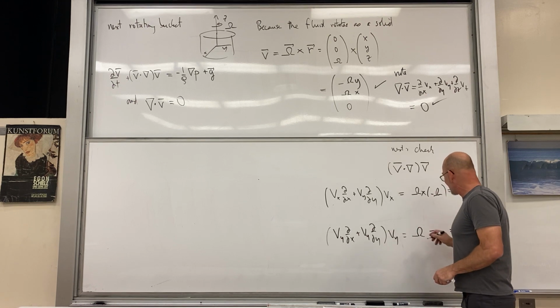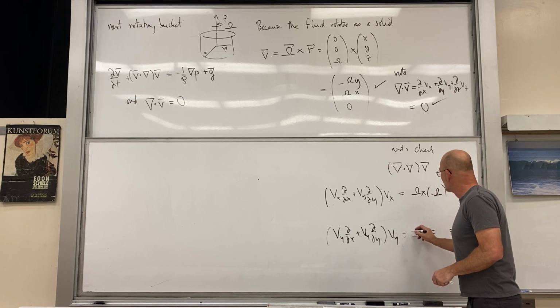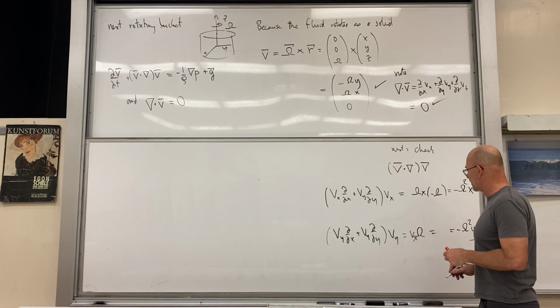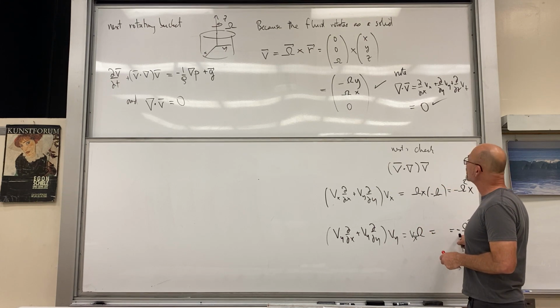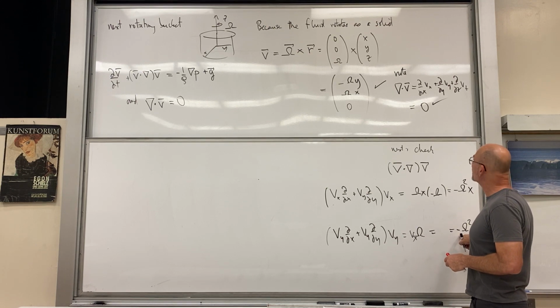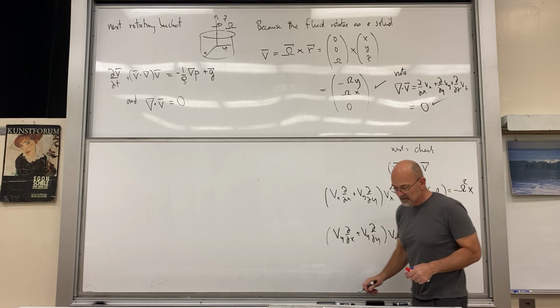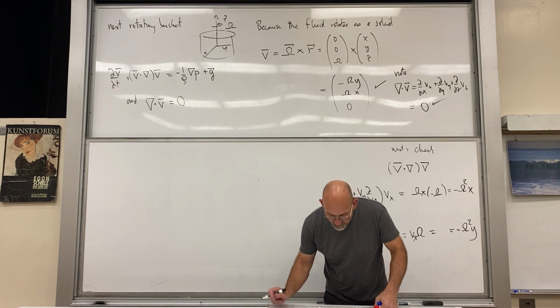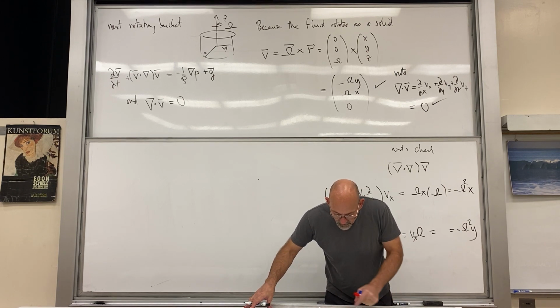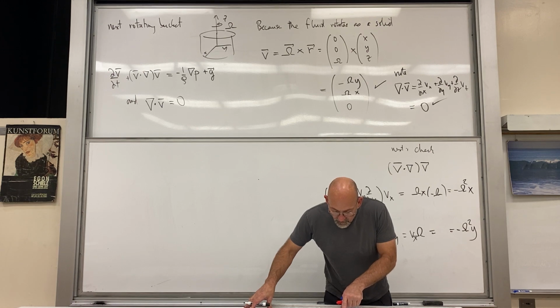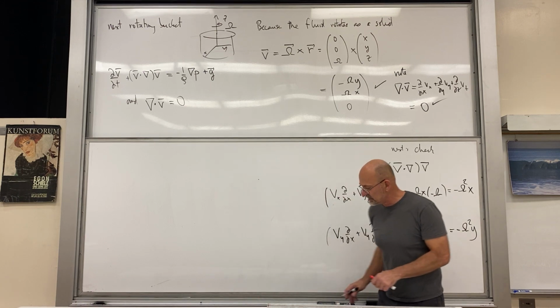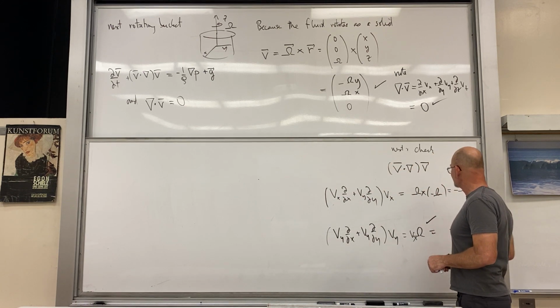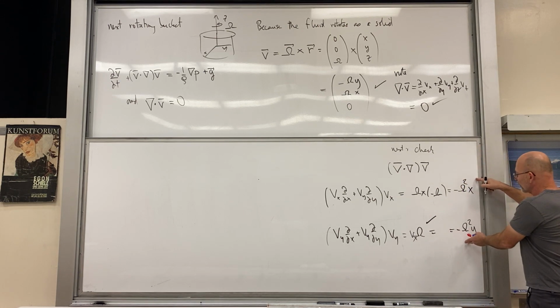Oh, because this is Vx omega. Omega squared y. Yeah. Still not seeing it. Bear with me. Omega. Oh no, that's good. Excellent. Okay, so we do have this fair and square.